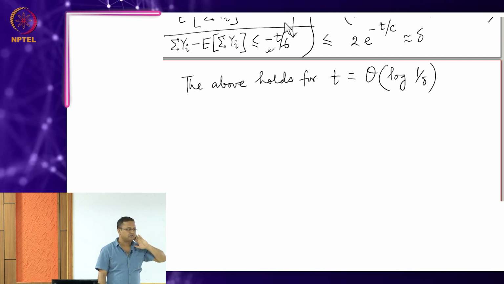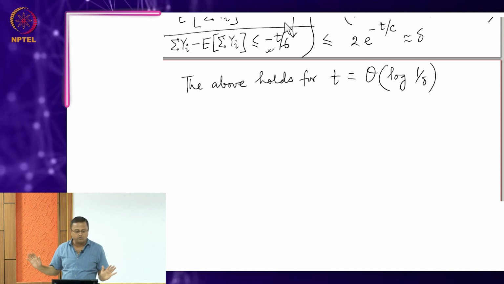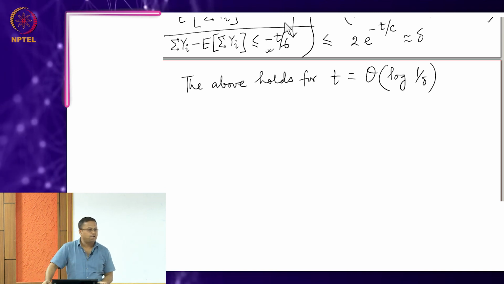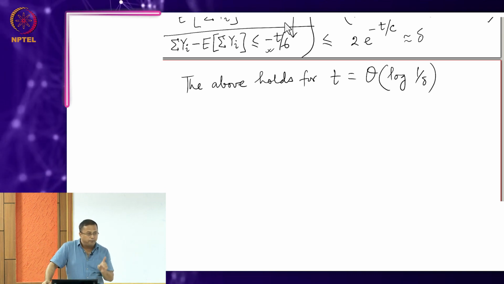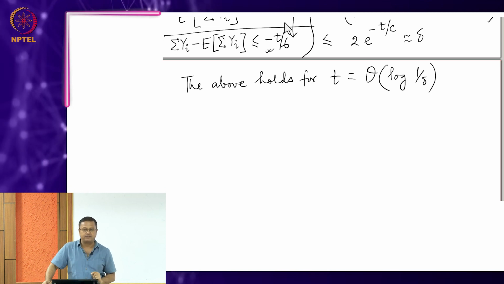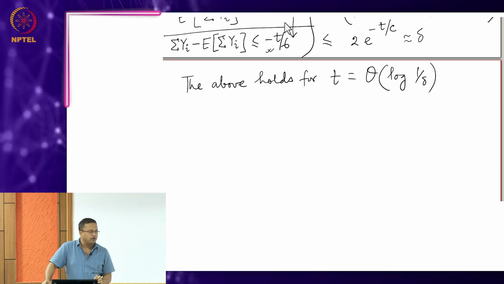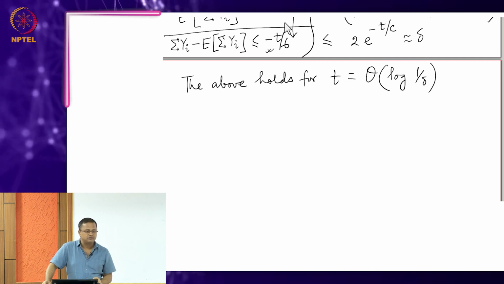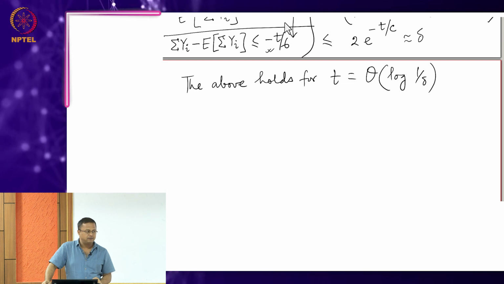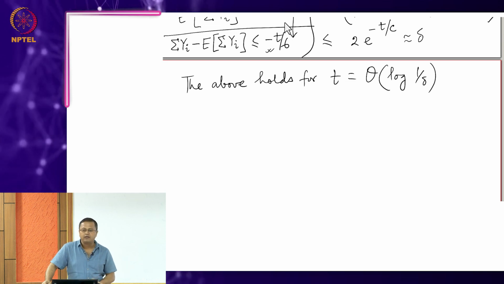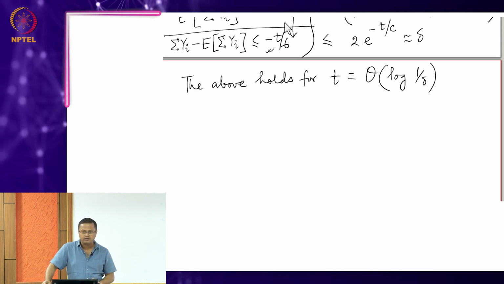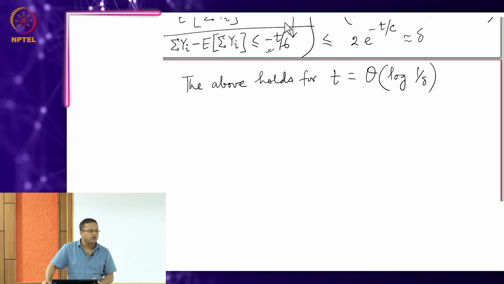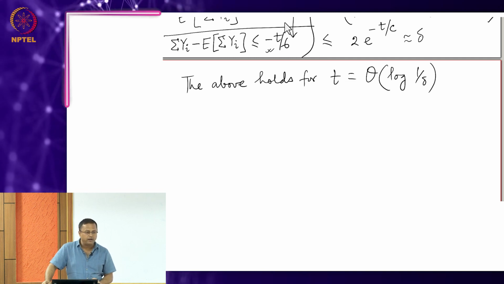So, what I have been able to do, I have been able to fix the space based on the epsilon and delta that's needed, right. S was dependent on 1 by epsilon square and t is now dependent on log of 1 by delta.